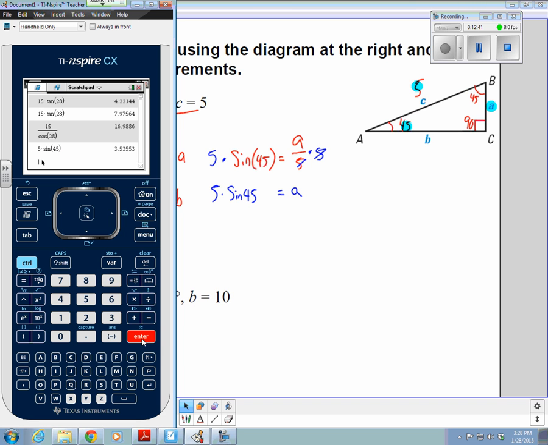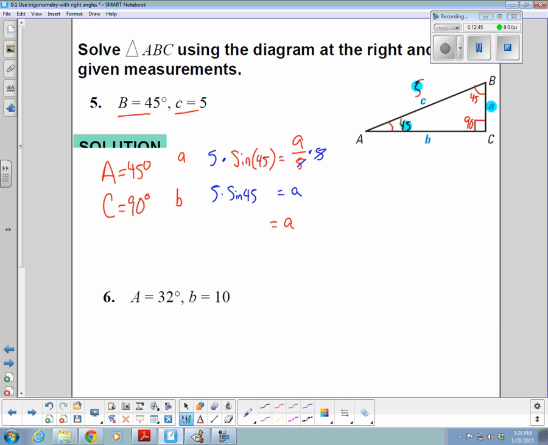Enter. 3.53. So a is equal to 3.53, and that's the distance for little a, this guy right here. We'll put little b over there. So little a is going to be 3.53.